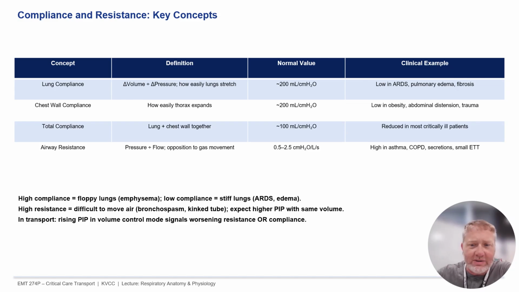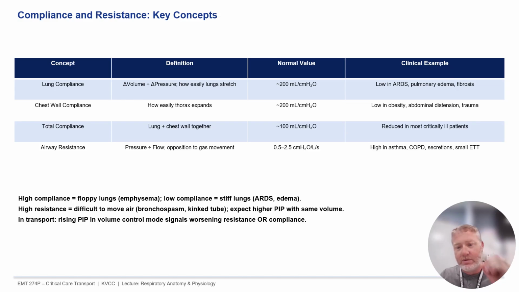Compliance and resistance itself is a very long lecture, so we'll just hit on the basics of it and go from there. They're the two mechanical properties of the respiratory system that determine how hard the patient or how hard the vent has to work to move air.